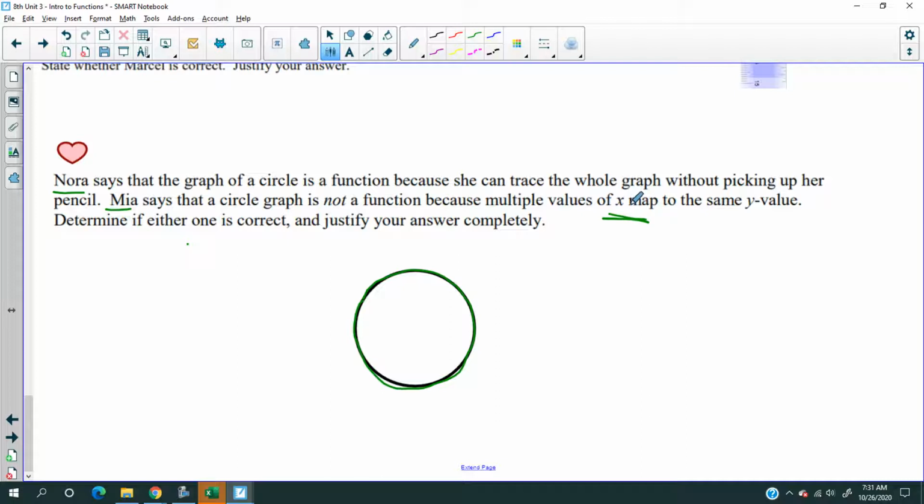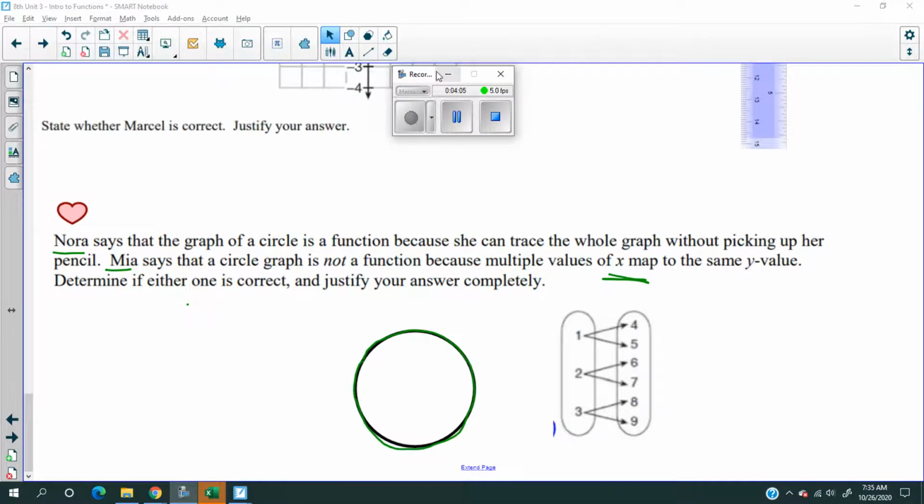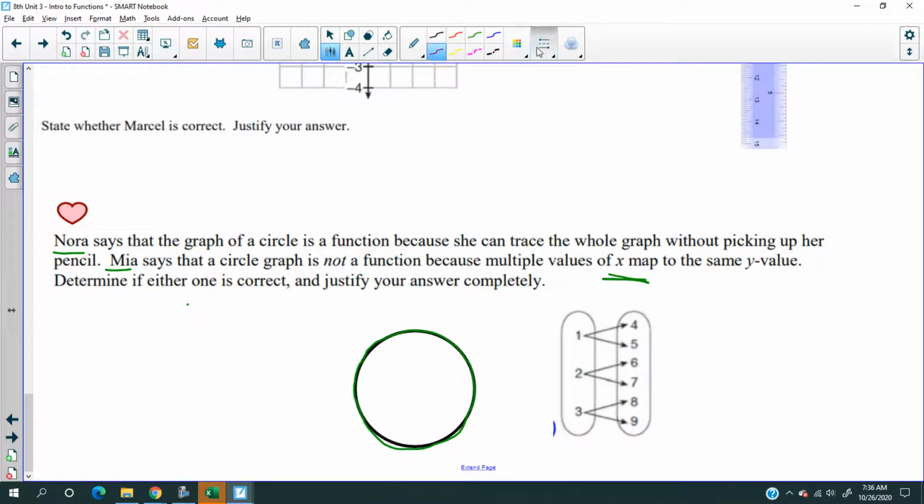All right, so think about this one. I'm going to let you think about this one. Okay, so press pause right now. All right, what do you think? Who's right and who's wrong? All right, let's analyze this.